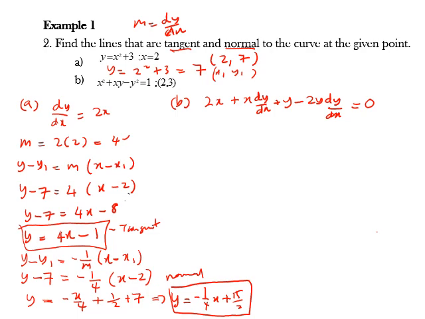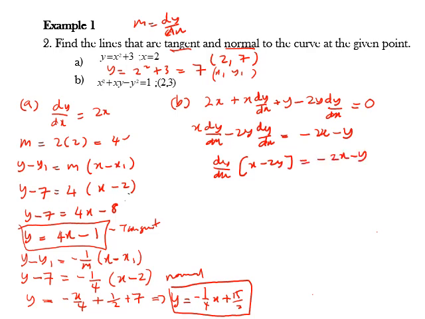Then we collect: x dy over dx minus 2y dy over dx is equal to negative 2x minus y. So dy over dx times (x minus 2y) is equal to negative 2x minus y. So dy over dx is equal to negative 2x minus y divided by x minus 2y. So this is your dy dx.